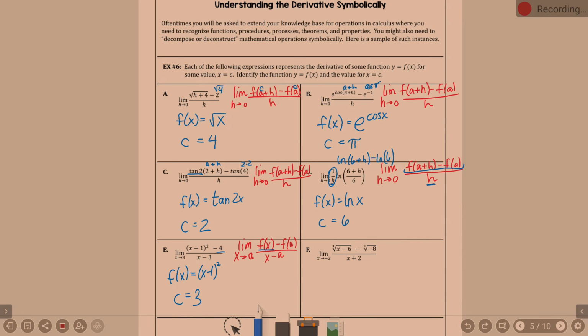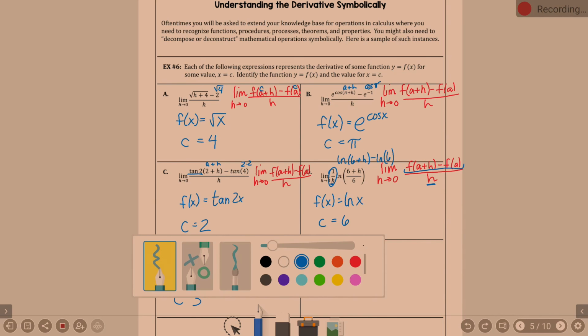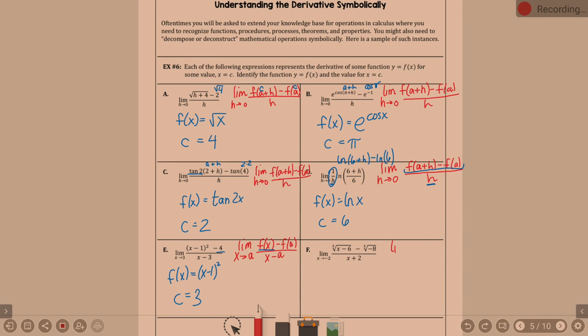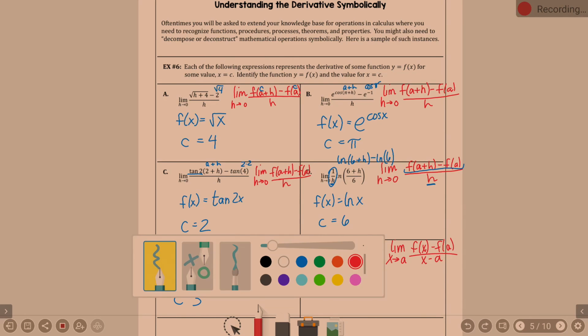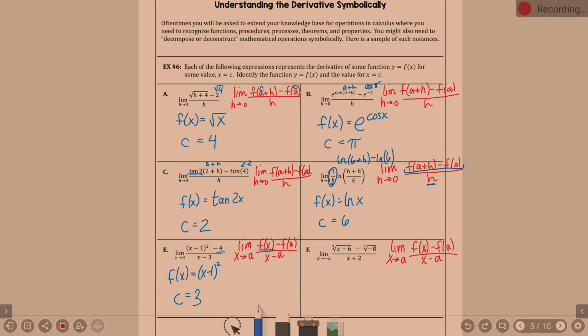Okay. Last one. F of x equals cube root of x minus 6, and then c equals -2. I've looked at the problem enough to know that it was the limit as x approaches a of f of x minus f of a over x minus a.